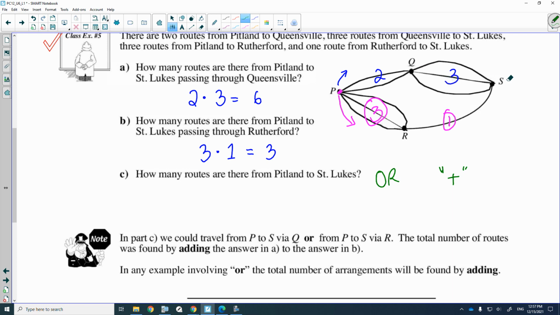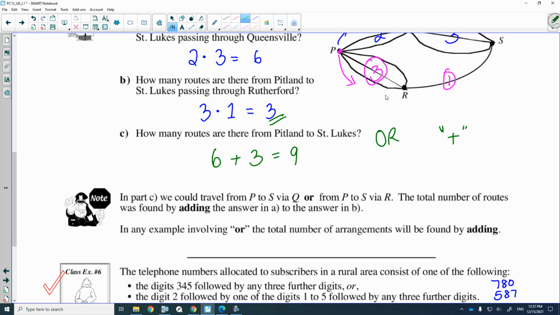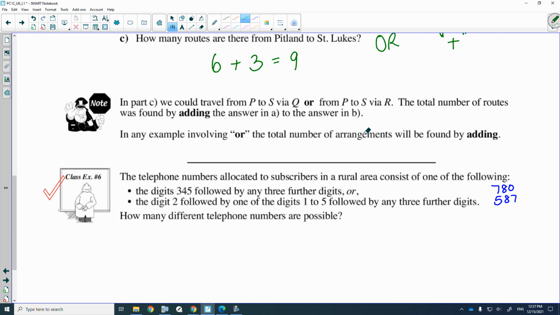So from here to here, we had 6 different ways. Going the other direction, we had 3 different ways. So there's 9 possible ways that starting at the letter P, you could get to the letter S. And then that just says that right here. So star that in. Any example involving OR in arrangements, you're going to add.